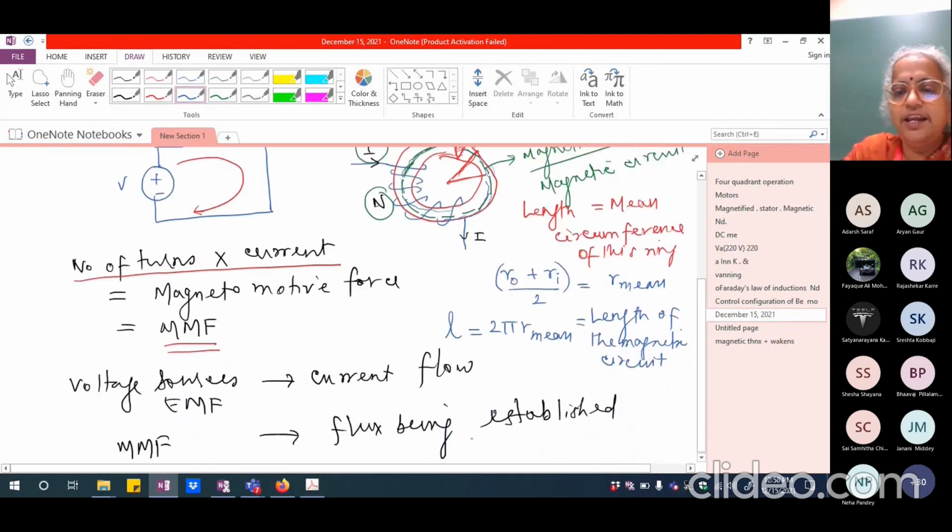So we can say Ni by L, which is MMF per unit length of the magnetic circuit. Please remember, this is the unit length of the magnetic circuit and not the unit length of the wire or anything. So we are talking about the length along the magnetic path.